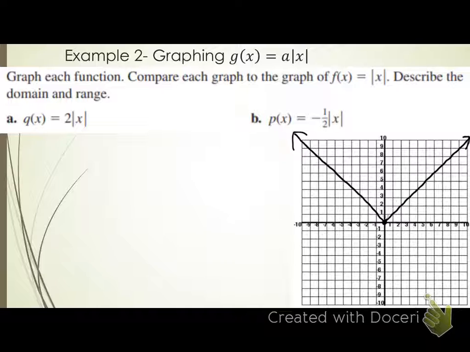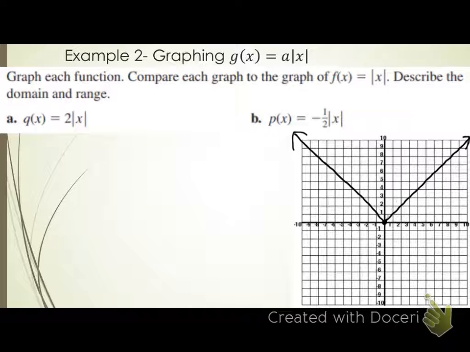Anyone remember? If my negative's on the outside, it's reflected over my x-axis. Yep, so I've got a reflection over my x-axis here, as well as a vertical shrink.